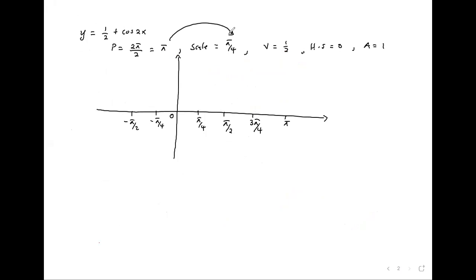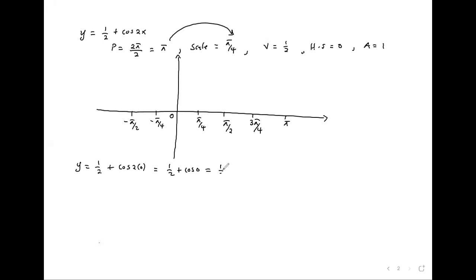So now, we are mindful of the question. The question says we must sketch for values of x that are between negative pi over 2 and pi over 2. So cos 0. So now y is equal to half plus cos 2 times 0. This is half plus cos 0.